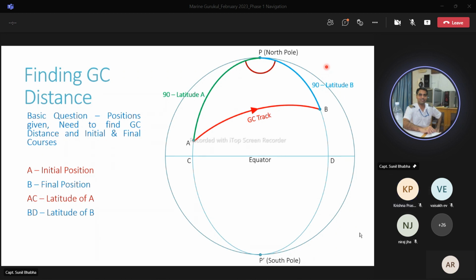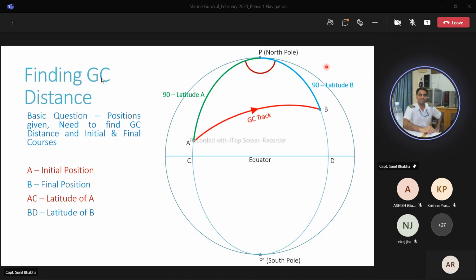Sir, please repeat for this angle P, sir. Okay, beta. Angle P is the angle at the pole contained between the meridian of A and the meridian of B. Right, beta? That is exactly the definition of D long, difference of longitude.